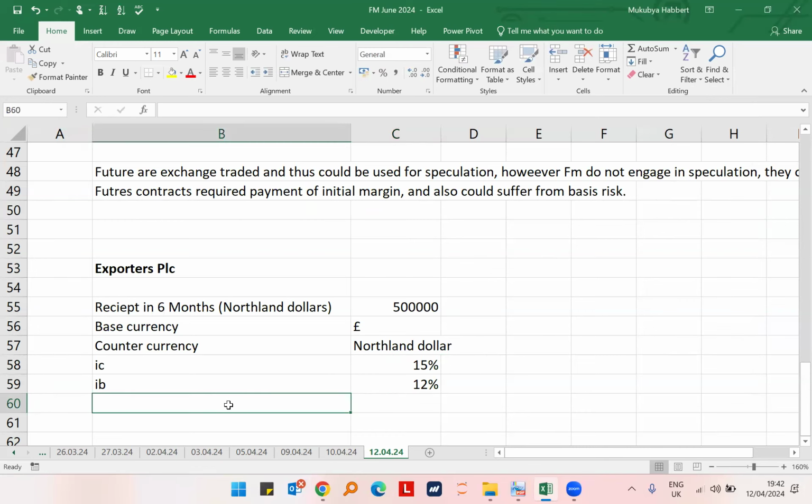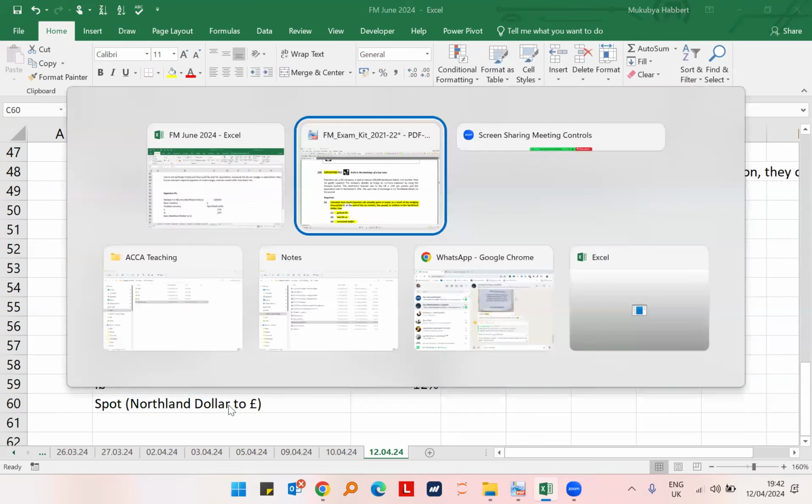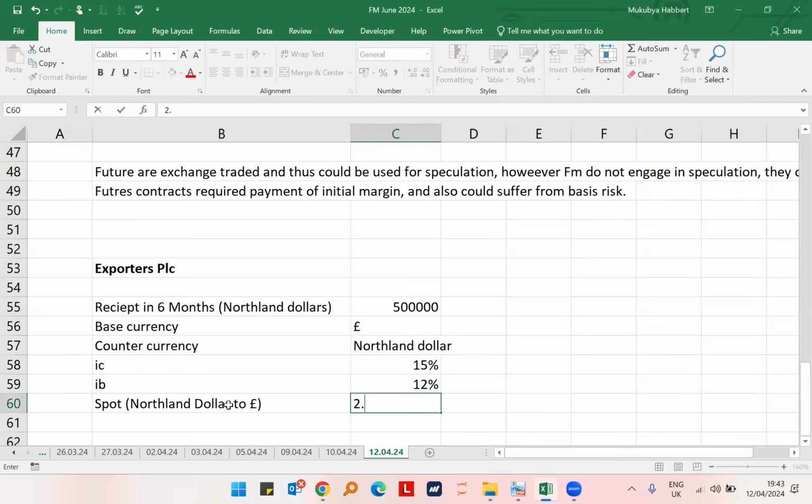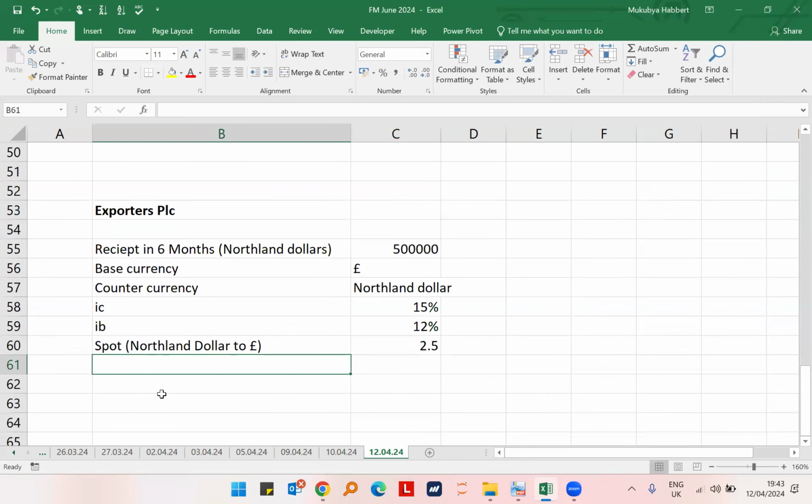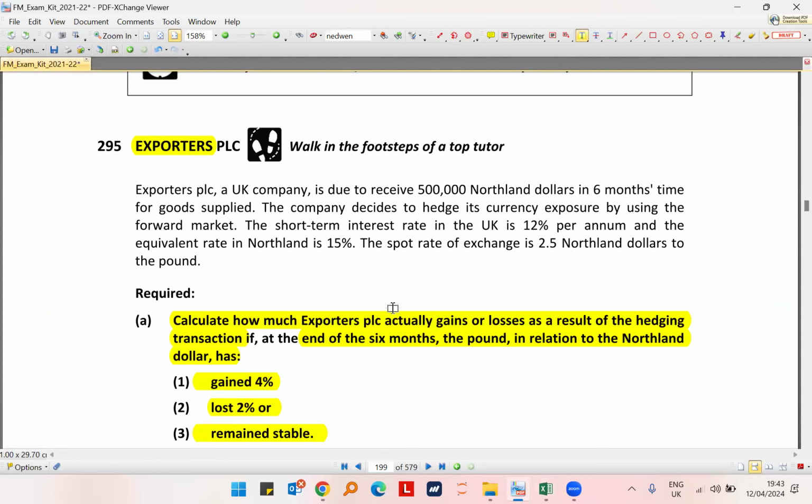Then we can have spot, Northland dollars, the pound. And right now it is at 2.5. So remember, we need to first of all determine how much the exporters PLC actually gains or loses.